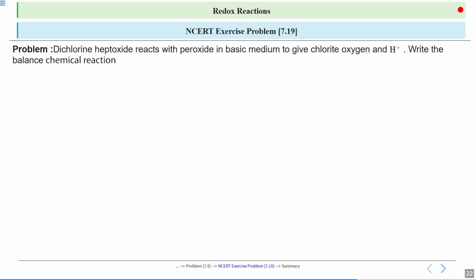So here the problem is: dichlorine heptoxide reacts with peroxide in basic medium to give chlorite, oxygen and H positive. So write the balanced chemical reaction for the given.